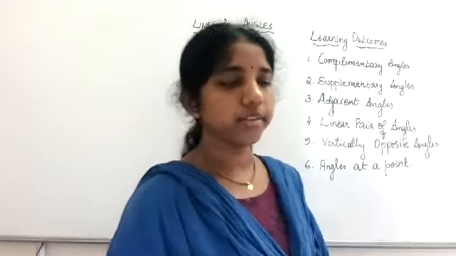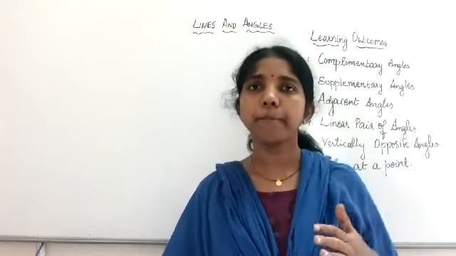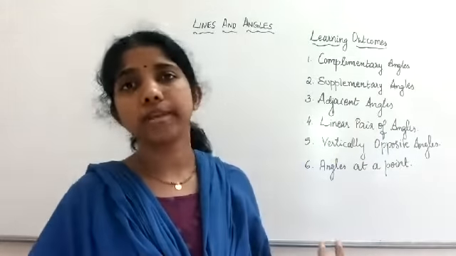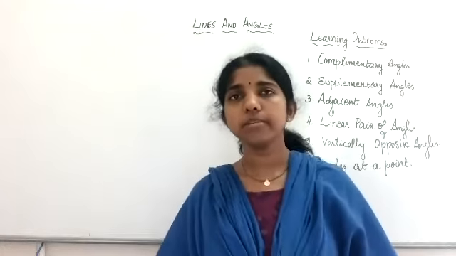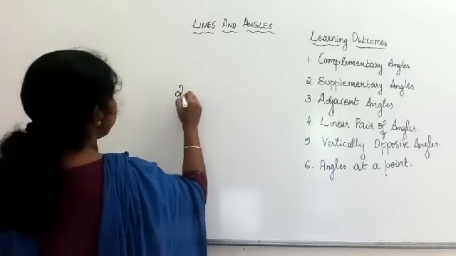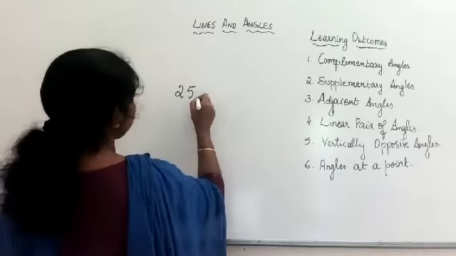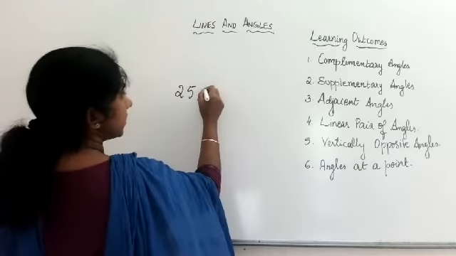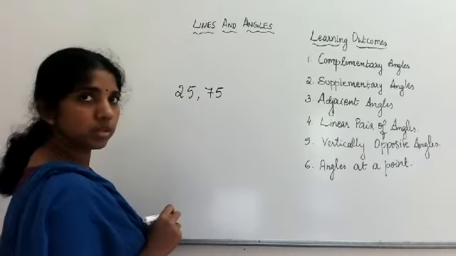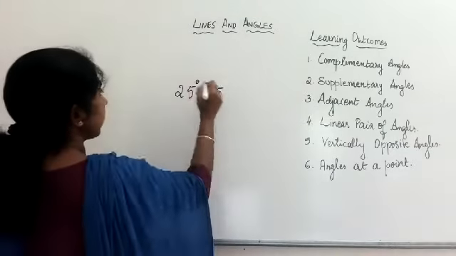Let us start with the first concept, the complementary angle. What is a complementary angle? For example, if I take one angle, 25, and the next angle, not 75, I will take 65. Two angles, 25 degree and 65 degree.